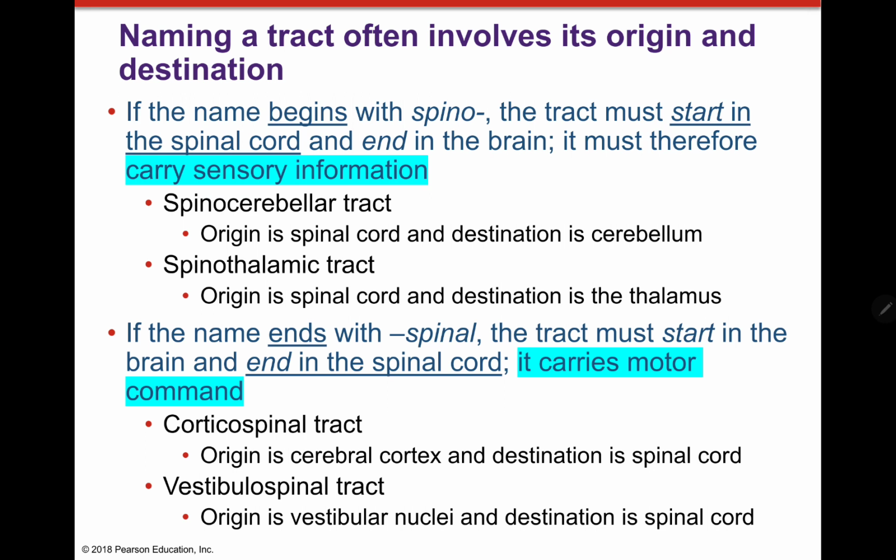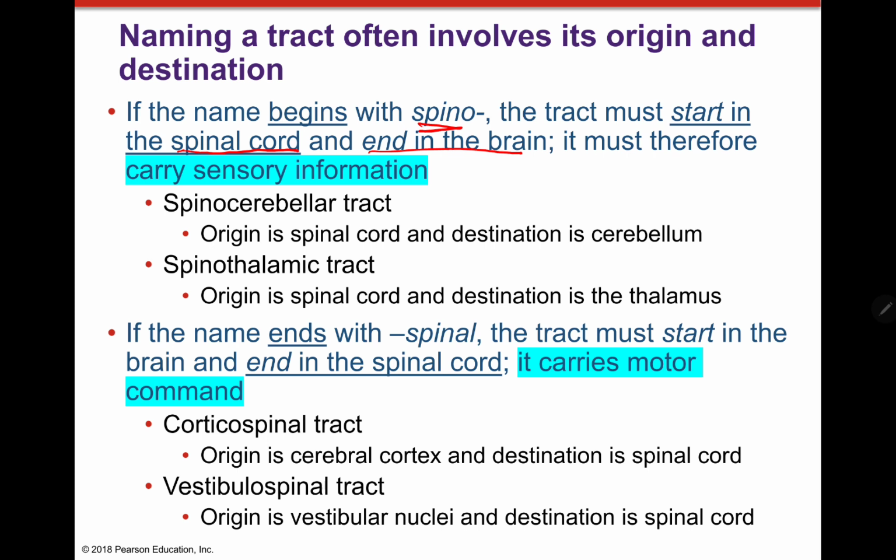Now, when we're naming these tracks, we've got to be specific. If the name begins with spino, it must start in the spinal cord and end in the brain, so it must carry sensory information.